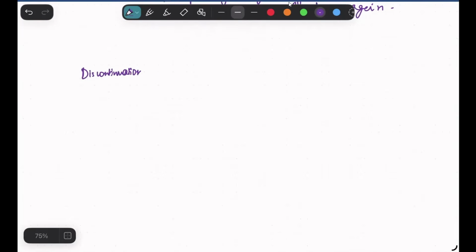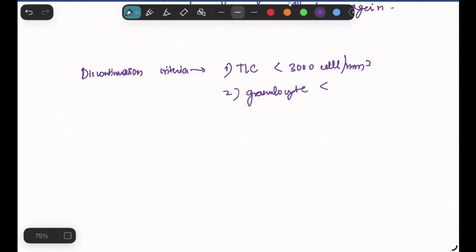The discontinuation criteria is, first, if the total leukocyte count, that is WBC, falls below 3000 cells per millimeter cube, or the granulocyte count falls below 1500 cells per millimeter cube.